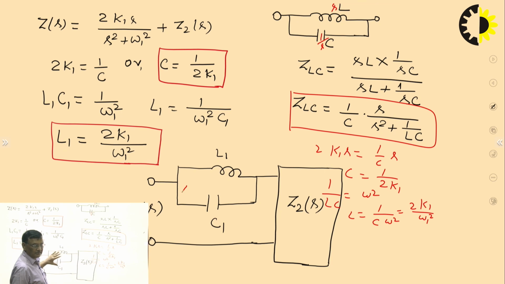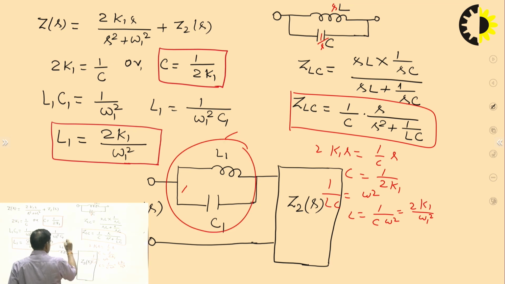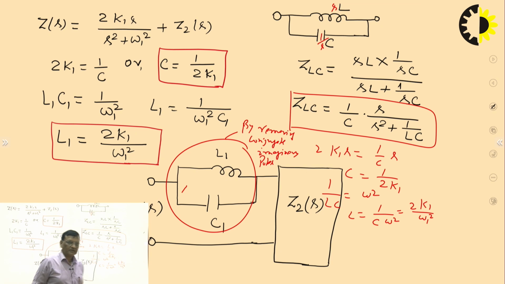L and C are in parallel, and all the elements are in series. So this element we can get by removing conjugate imaginary poles. Suppose the function is admittance.